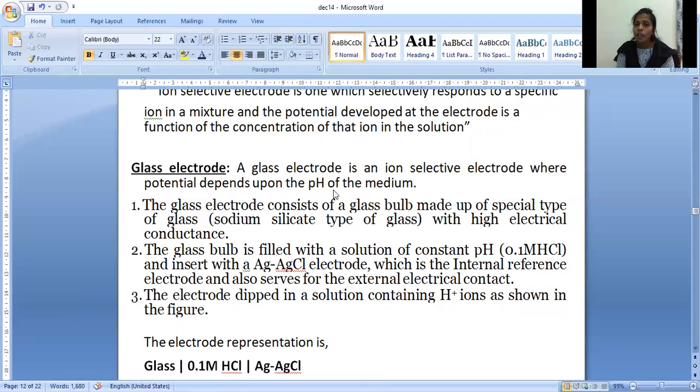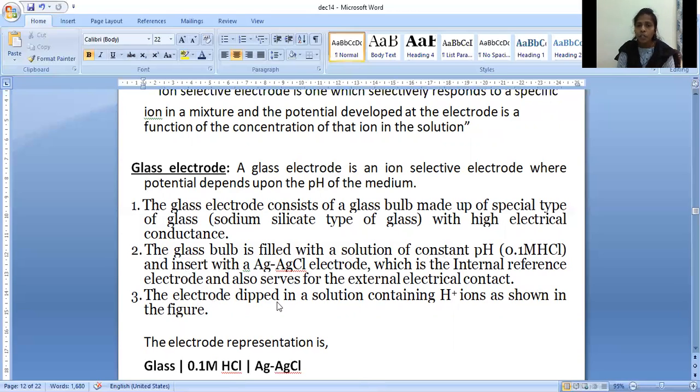So initially in the glass electrode, we take the glass bulb. That glass bulb is filled with a solution of constant pH, that means a solution whose pH is constant. And in this we insert a silver chloride electrode, which acts as an internal reference electrode and is also responsible for providing electrical contact.